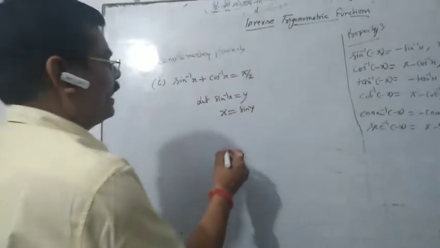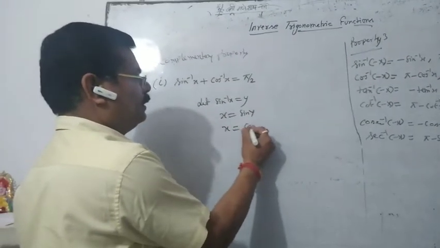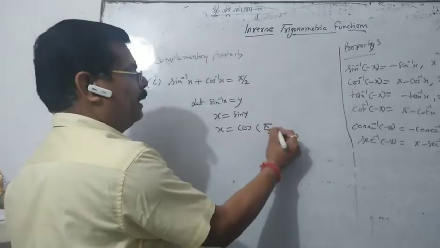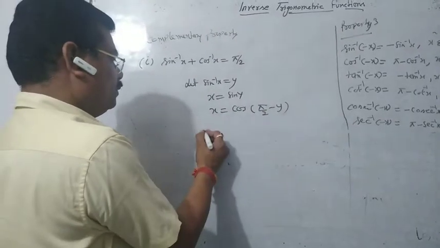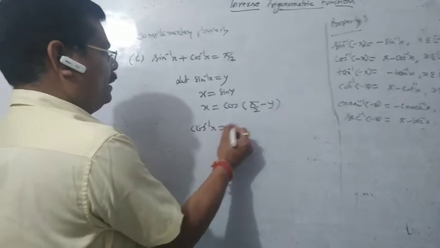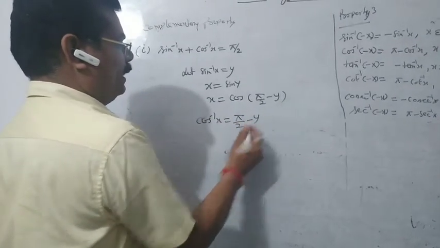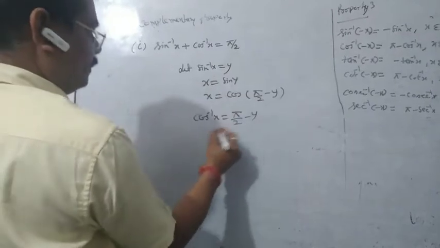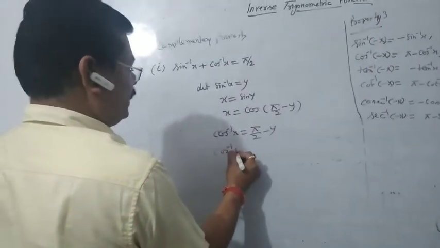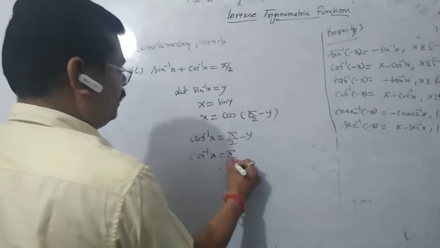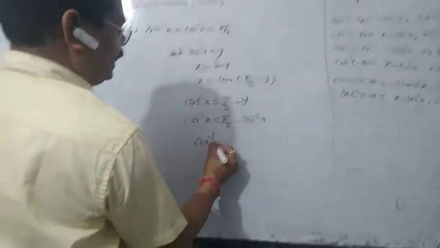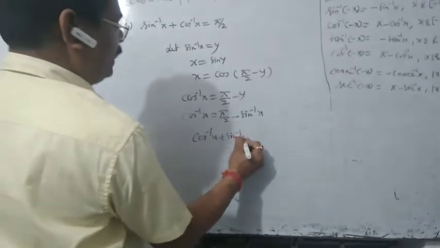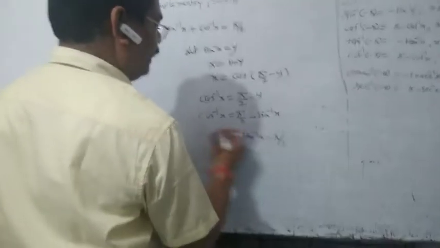You can write sin y as cos of pi by 2 minus y. Then by shifting this, cos inverse x is equal to pi by 2 minus y, and y is sin inverse x, so cos inverse x is equal to pi by 2 minus sin inverse x. So cos inverse x plus sin inverse x is equal to pi by 2.